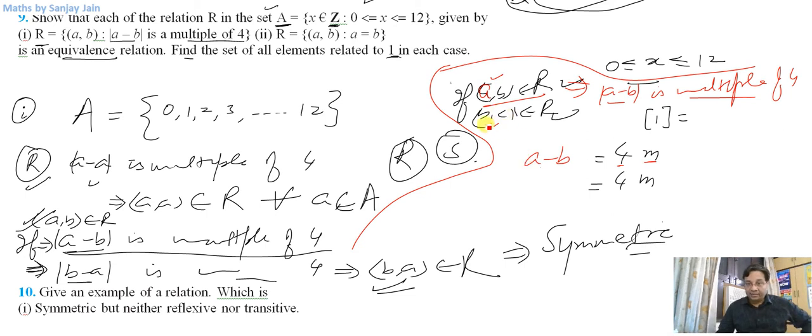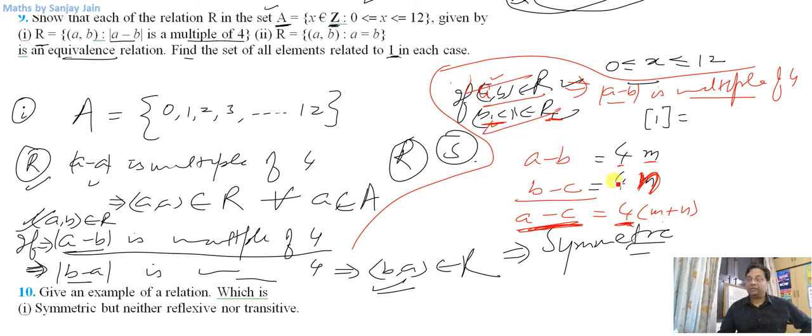And since (B, C) belongs to R, B minus C without mod is 4 into some integer. Now if I add these, B will get cancelled, so A minus C will be equal to 4 into some integer. That means A minus C is also a multiple of 4. If these two belong to this relation R, then (A, C) belongs to this relation R. I hope you have understood.